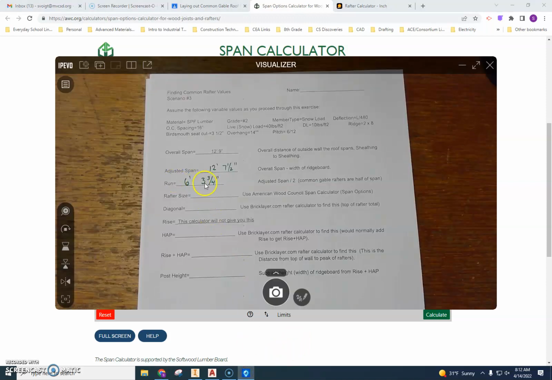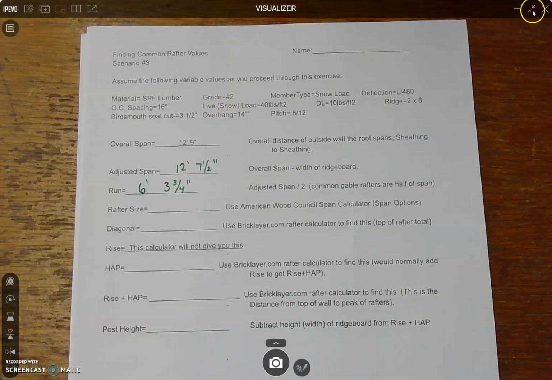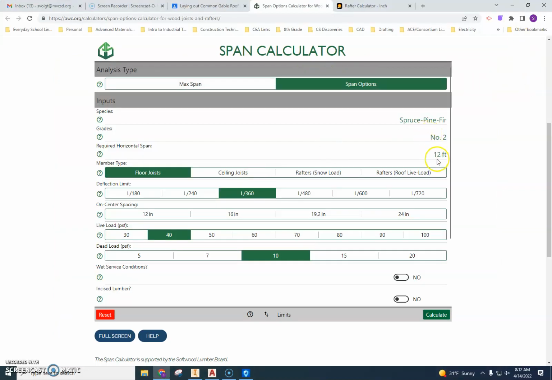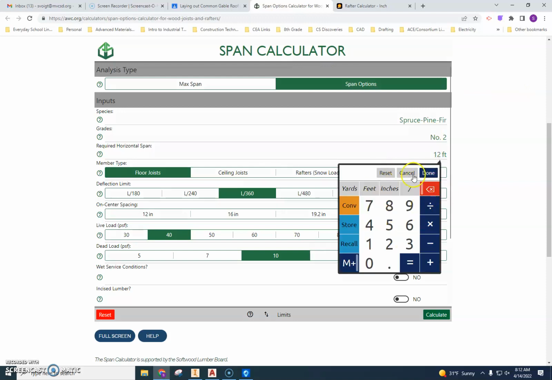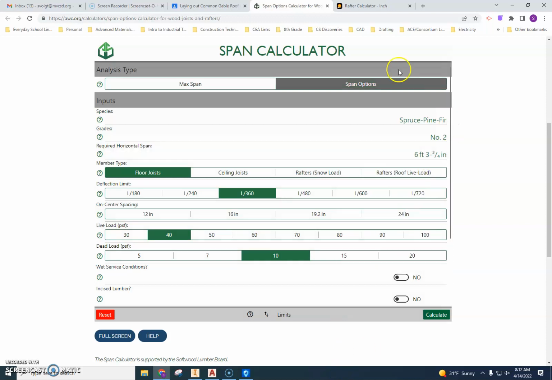This is the distance horizontally that our rafter will cover. Remember, our rafter covers half the overall span in a gable roof. So 6 feet, 3 3/4. Whoops, I did hit the wrong thing here. Remember, you type it in here. This is a construction calculator, so you go 6 feet, 3 inches, 3/4, and then I hit done.